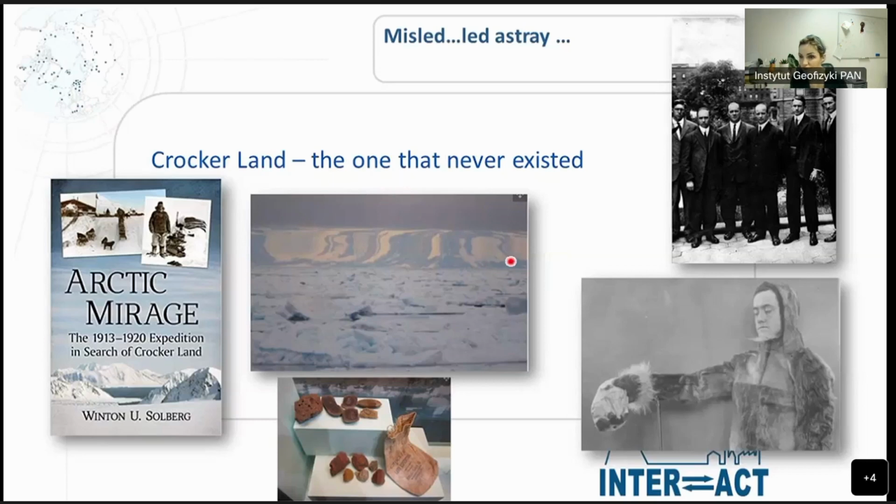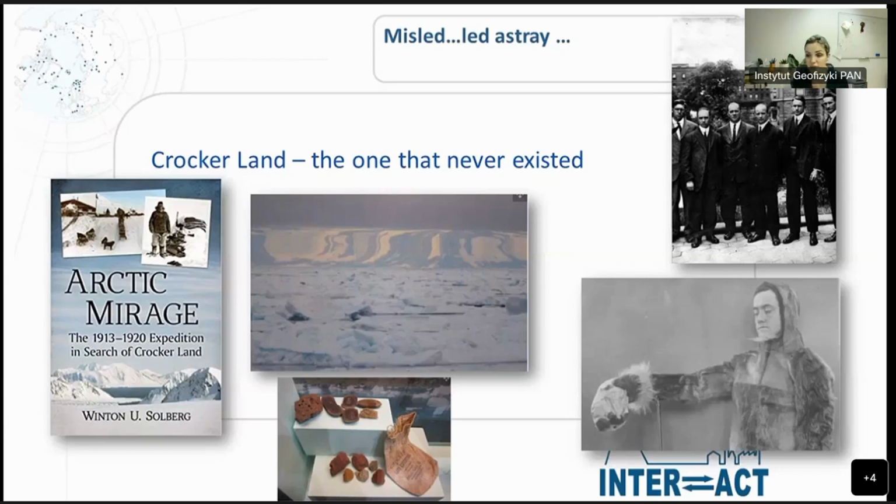It's a contemporary photo, because it was a combination of clouds and snow that seemed to be like a solid land with mountain chains, observed in the very same location by people in quite a long time span, right?